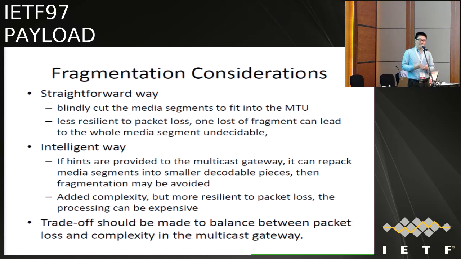So the multicast gateway can repack the media segments into smaller pieces to make each individual piece decodable. In this way, it may require more processing for the multicast gateway.